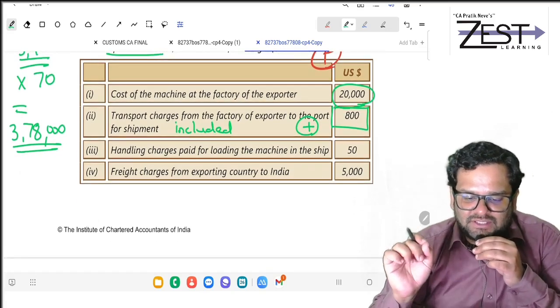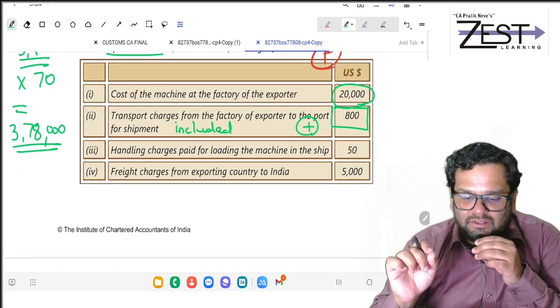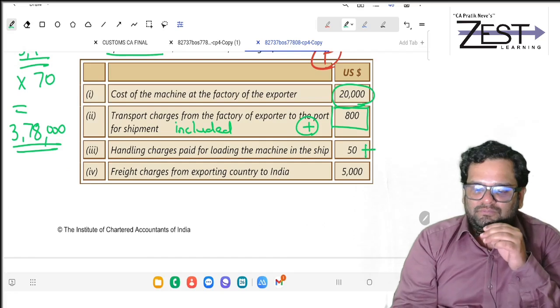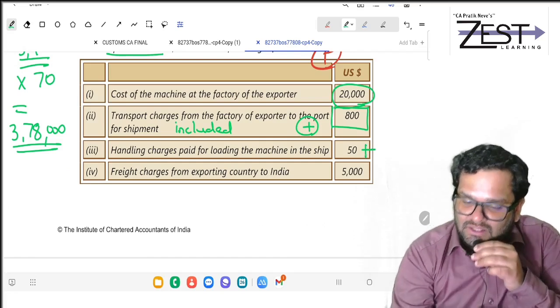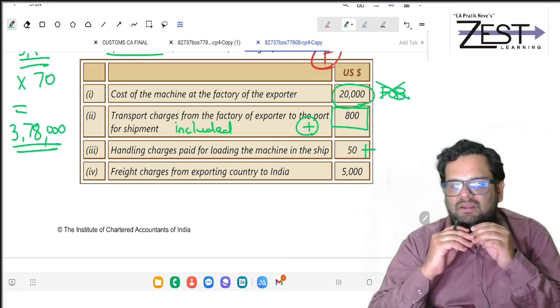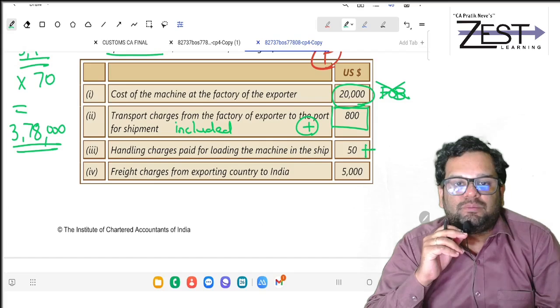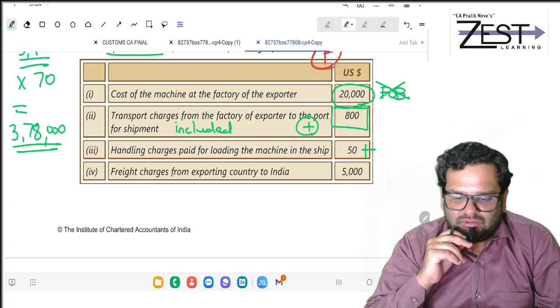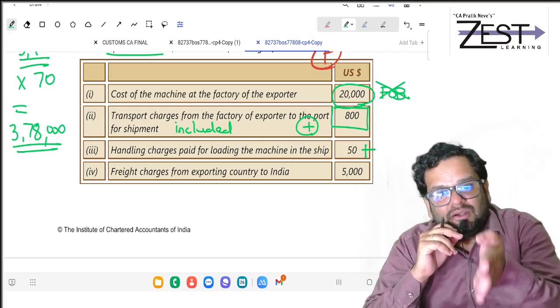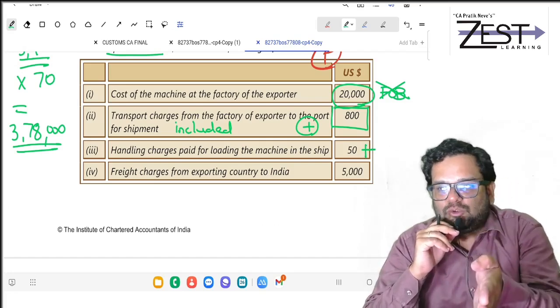Handling charges paid for loading the machine in the ship, at the exporter's port, are also included. So friends, 20,000 is not FOB, because many amounts are incurred till the goods reach the exporter's port.